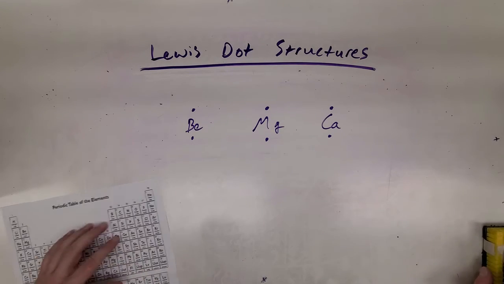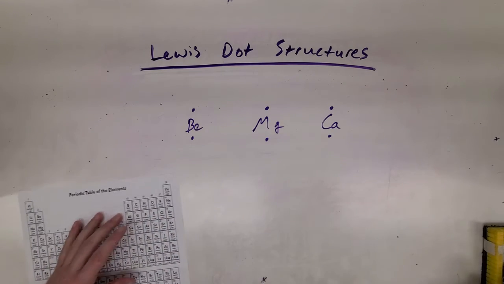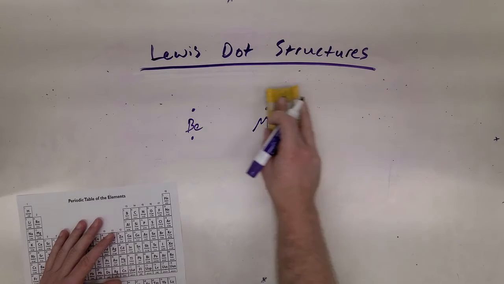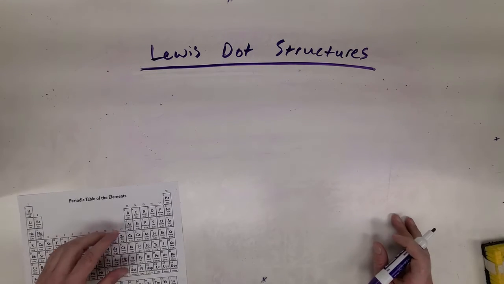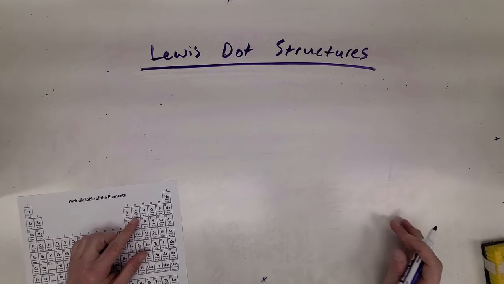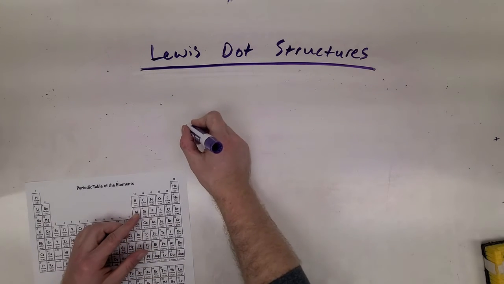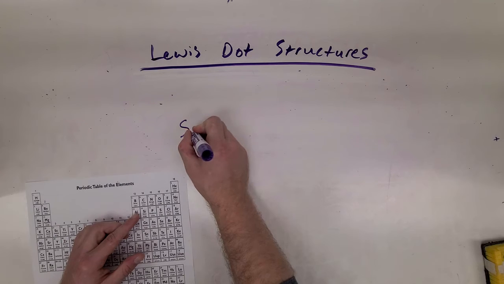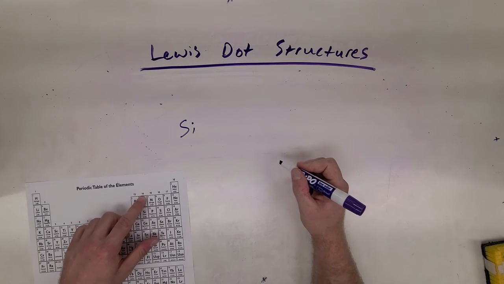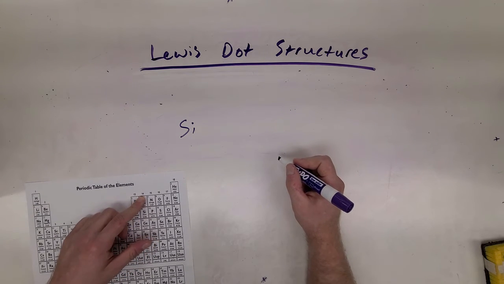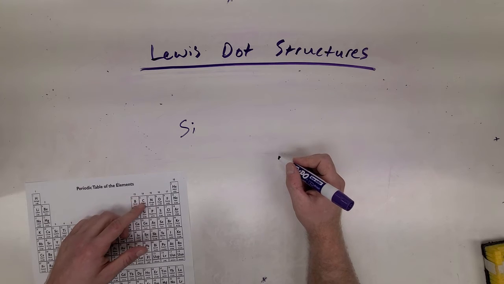Moving over to the other side here, we'll take a look at a few more examples. We drew an example of carbon earlier that goes down into silicon as well. Silicon, which is in the 14th group, or the new group 4 here, also has 4 electrons in its outermost shell, 4 valence electrons, just like carbon does.